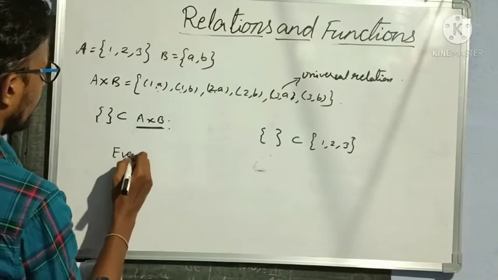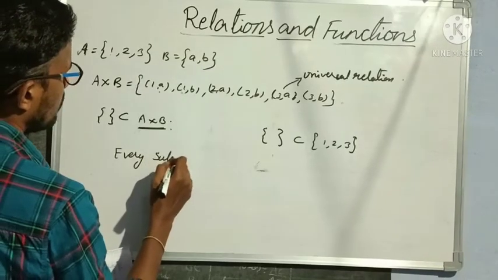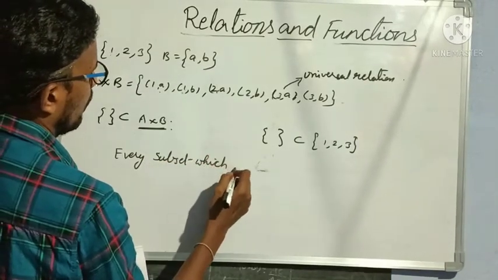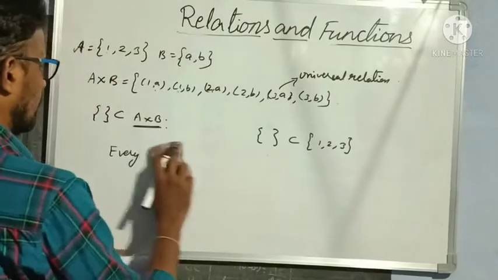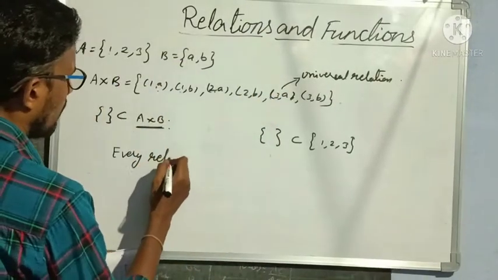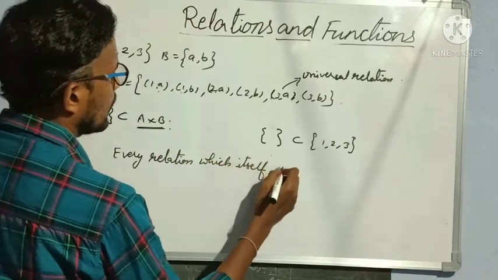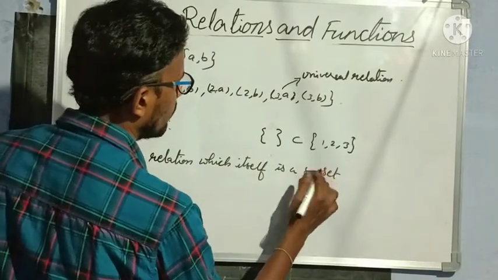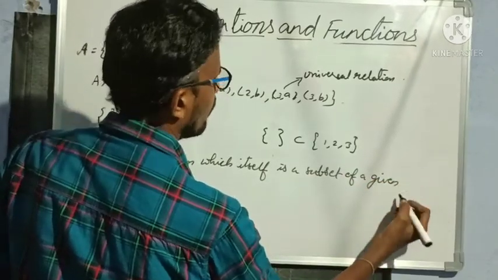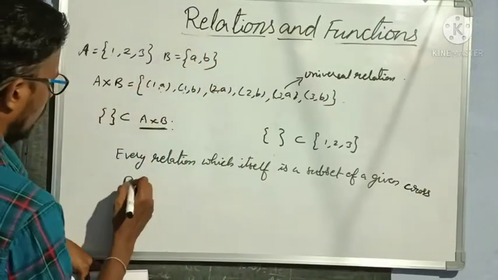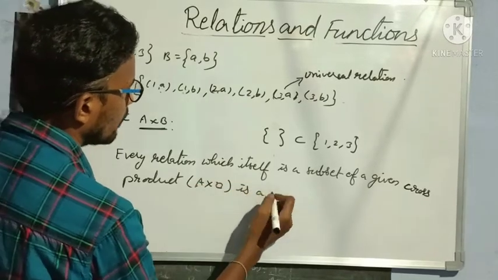Okay? Every subset, which itself... every relation which itself is a subset of a given cross product, that is A cross B, is a what type of relation?